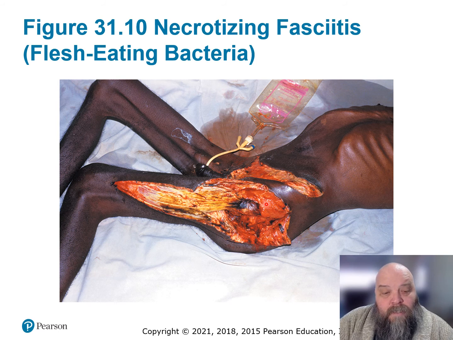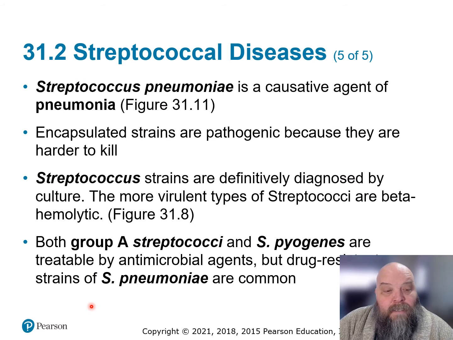Now, since it's up here at the hip, chances are this is going to be mortal because you have lots of vascularization here. It's going to spread. Now, if this had been down, say at his ankle, they could have lopped it off at the knee, maybe saved him. I have no idea what happened to this individual. They don't mention it in the textbook, but this is a very deadly infection, or has the potential to be a very deadly infection.